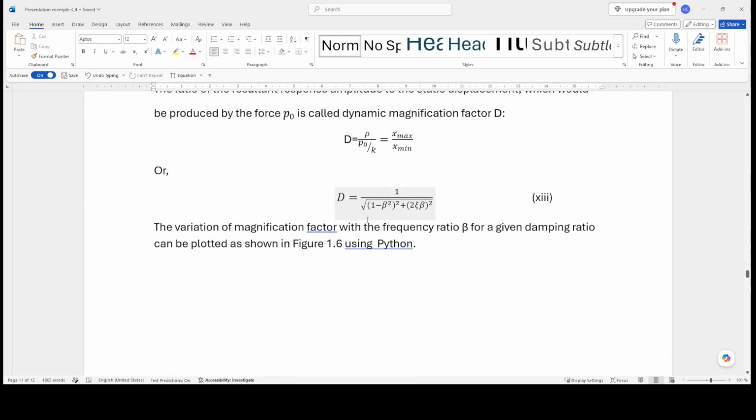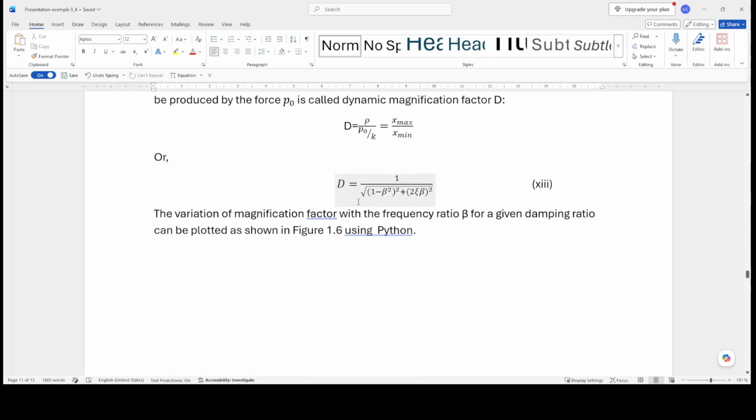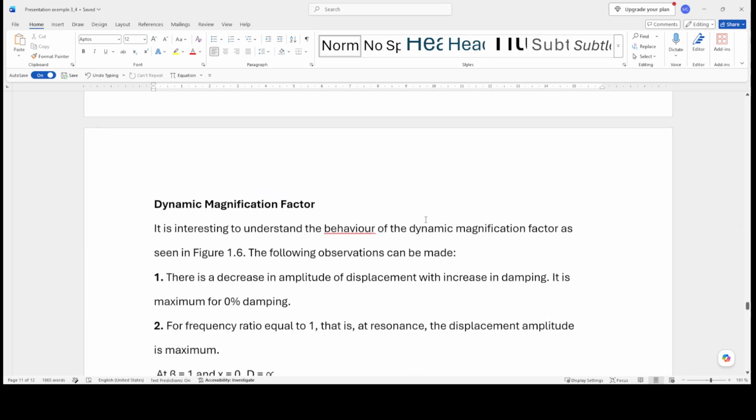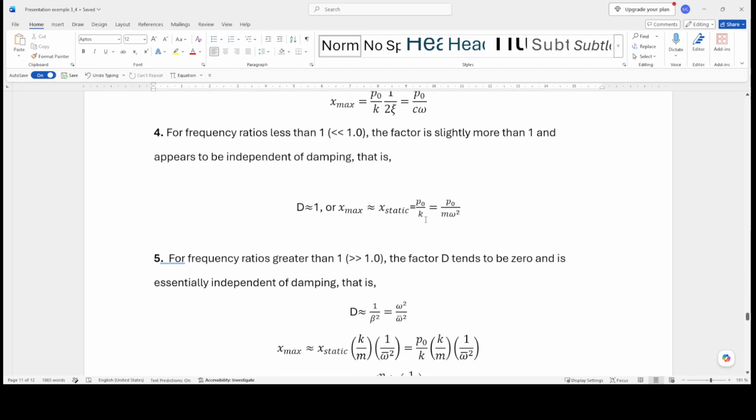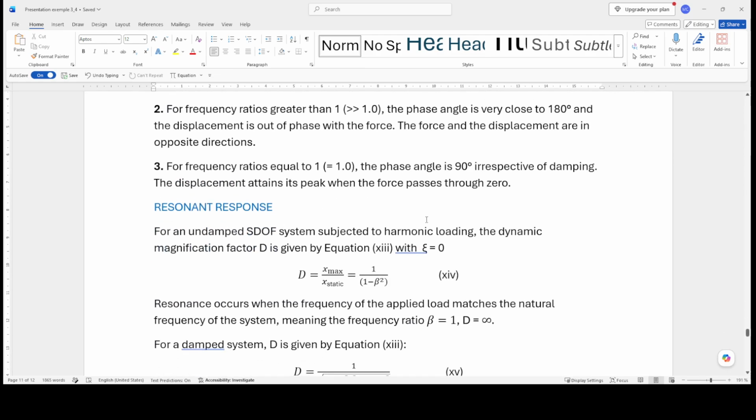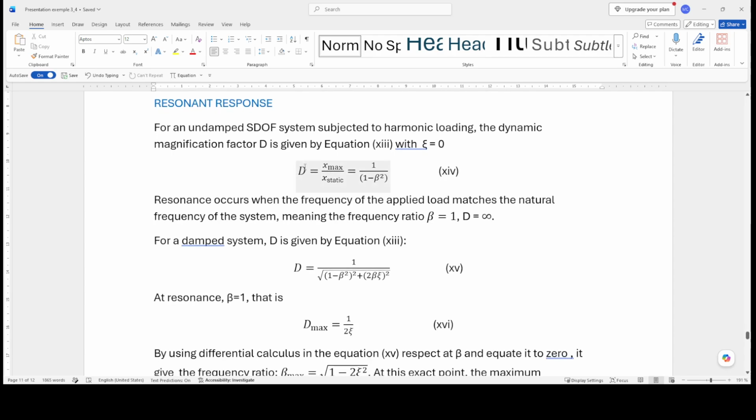D equals 1 divided by the square root of (1 minus beta squared) all squared plus (2 xi beta) all squared.